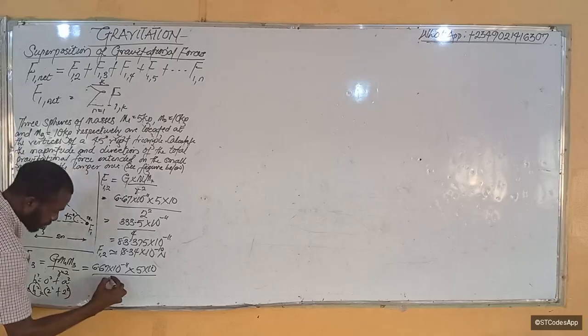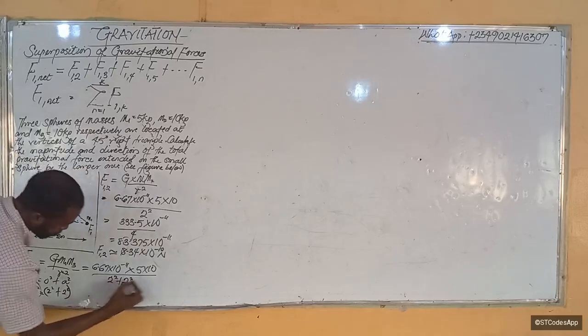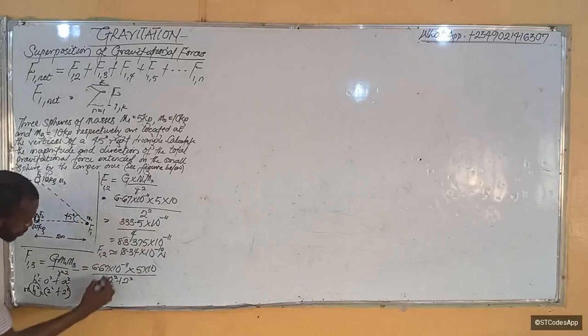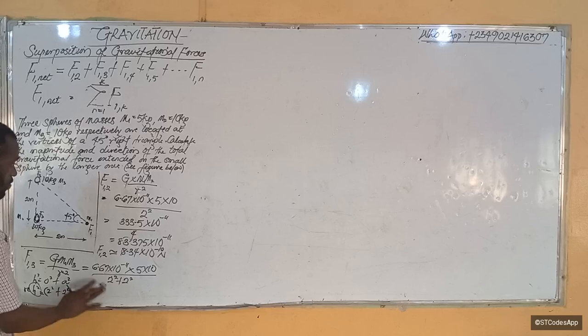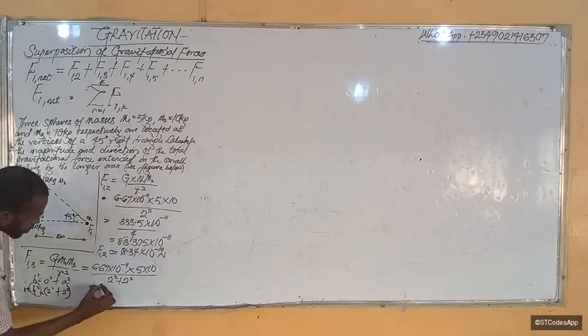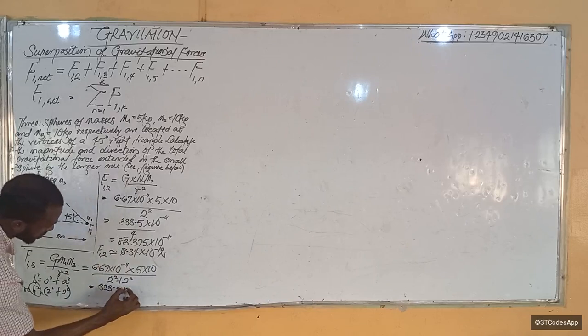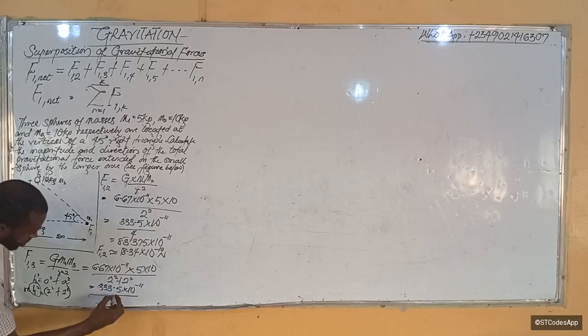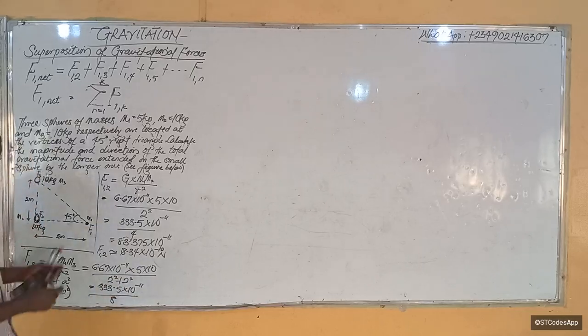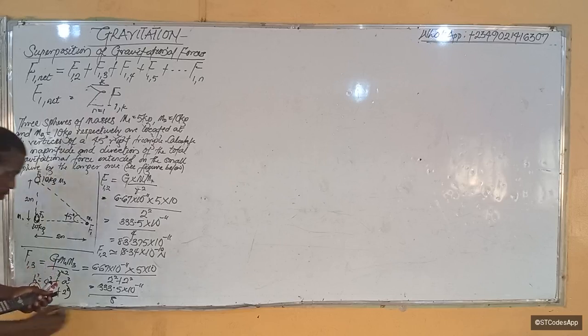So this top gave us 333.5 times 10 to the power minus 11 over 2 squared, 4, plus 2 squared, 4, that's 8, divided by 8. So that's just 333.5 divided by 8.